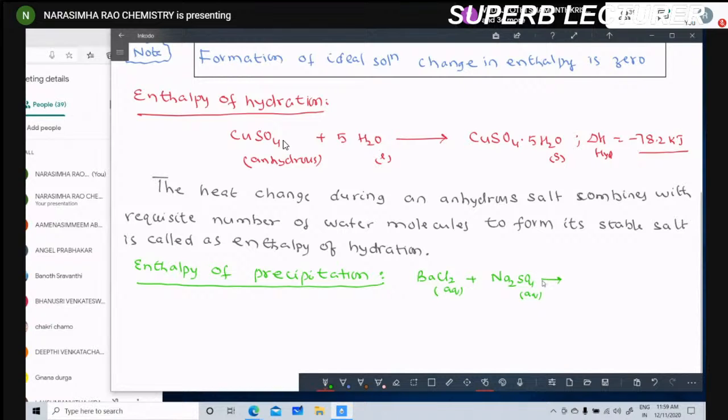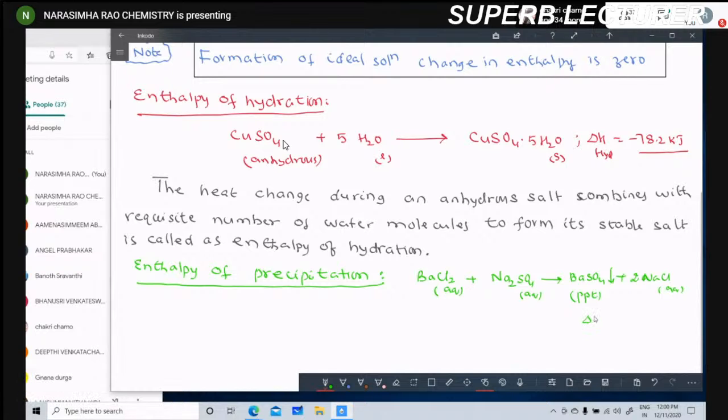The sulfate ion combines with barium to form barium sulfate as PPT, meaning precipitate, and produces 2 moles of aqueous NaCl.